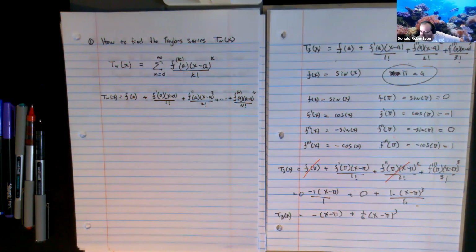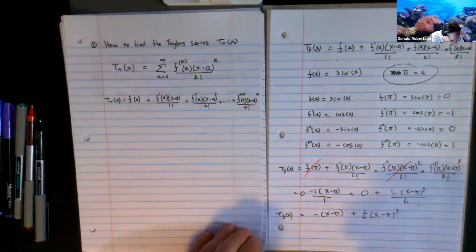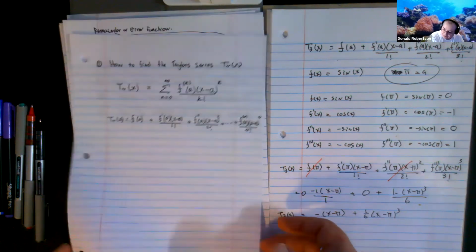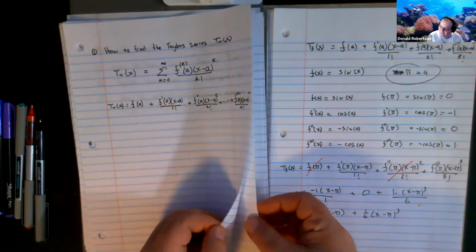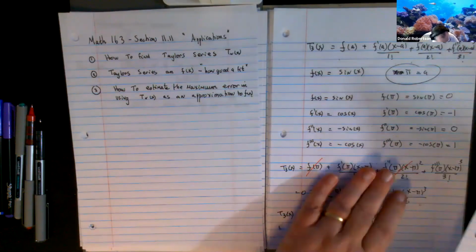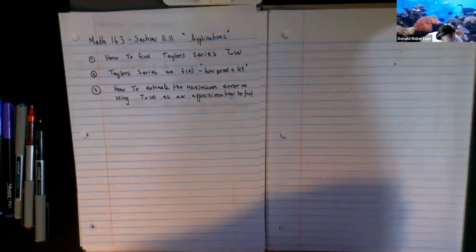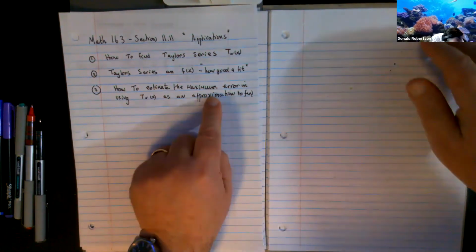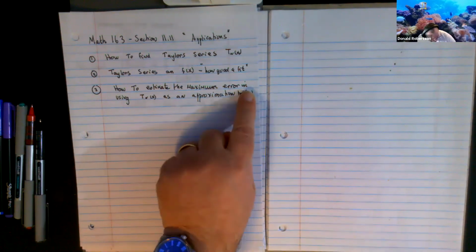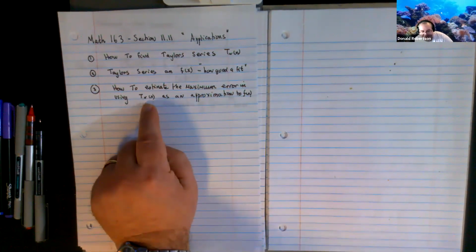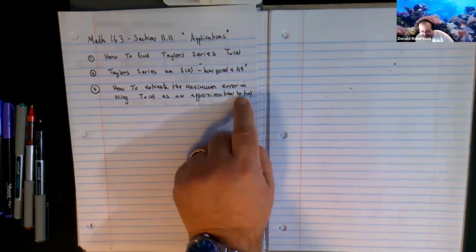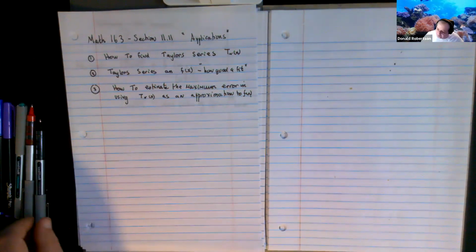A lot of them find the stuff that's going to happen next easier. And that's my opinion as well, so hopefully. But we've got one last guy. Obviously, you keep the best till last, right? So what is the best? How do you estimate the maximum error in using, say, a T3 of x as an approximation to some function f of x?